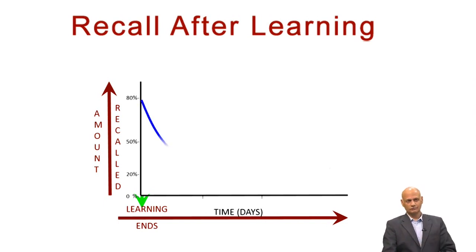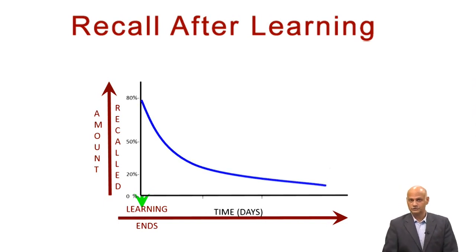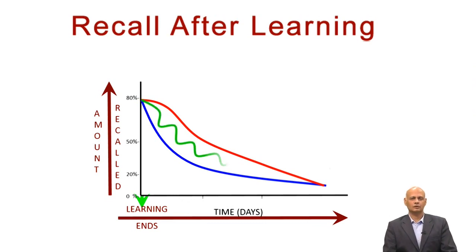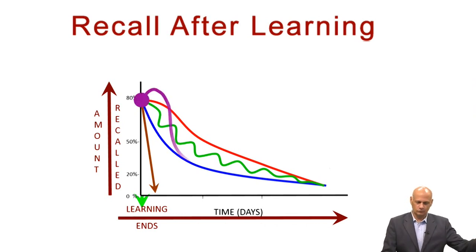Let's try to see. For some of us, it could be in this format. For others, it could be a slight plateau on the top and then it comes down. For some of us, well, we are not sure what we remember or not. And believe me, for most of us, it's a vertical drop, almost a vertical drop. Professor walks out, out goes everything else.